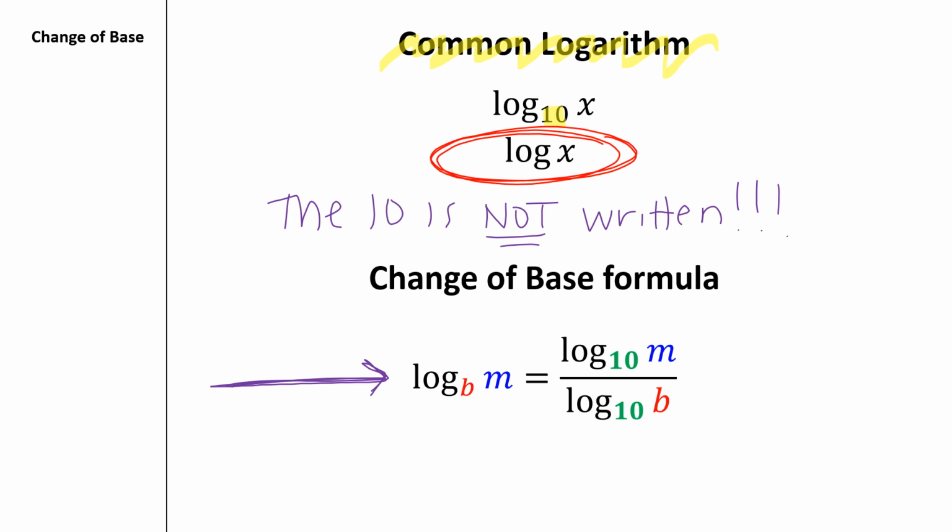If you can change what the base is, that's fine. But if not, we're going to be using this formula here, log base 10. So I'm going to give you a moment to write this down.